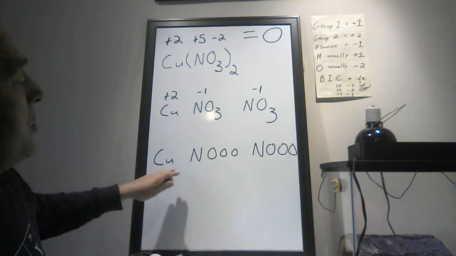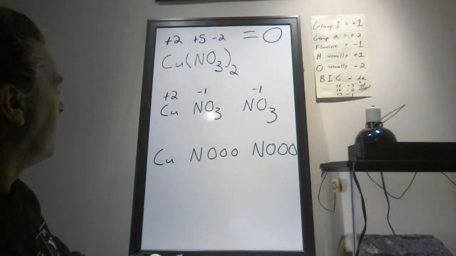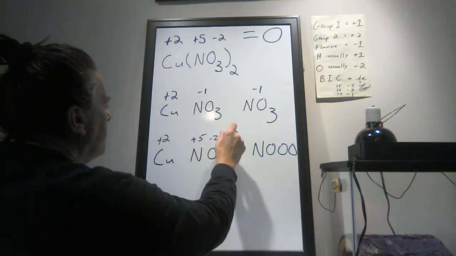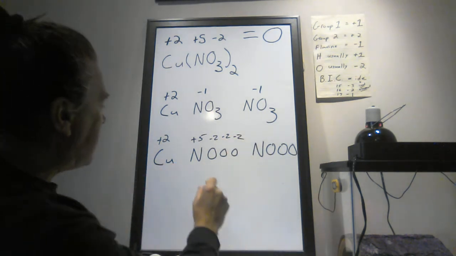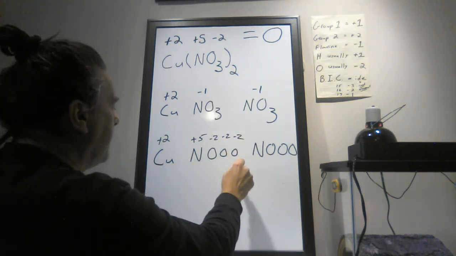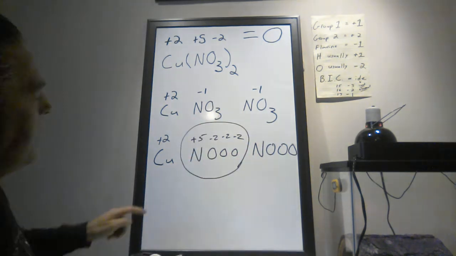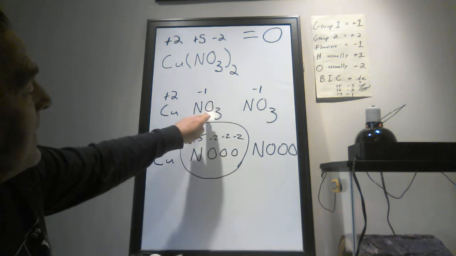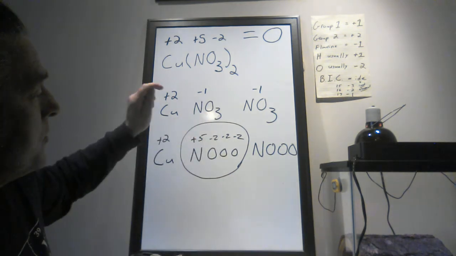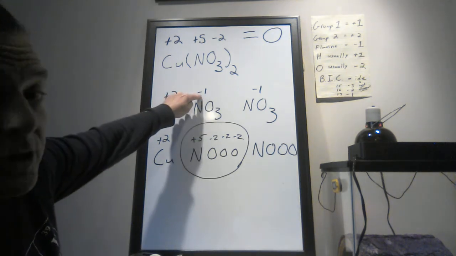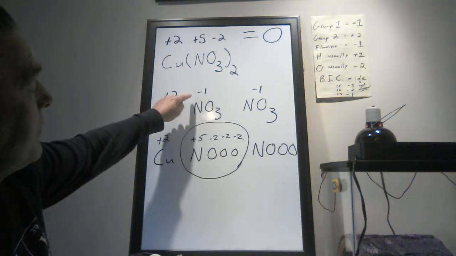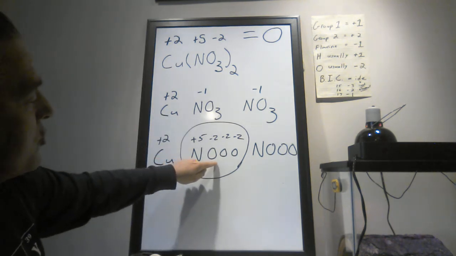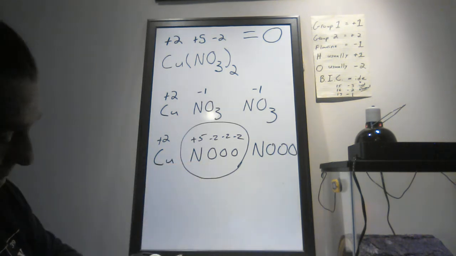You can also expand it a little bit further, right? +2, +5, -2, -2, -2. This right here, I'm going to circle it and then take that circle away because I don't want it there. But this +5 -2 -2 -2, that's a -1. The nitrate is a -1. So when you have a polyatomic ion, use the charge of the polyatomic ion to figure out what the polyatomic ion is with, like the copper, and then use it to find the charge of what's inside the polyatomic ion.